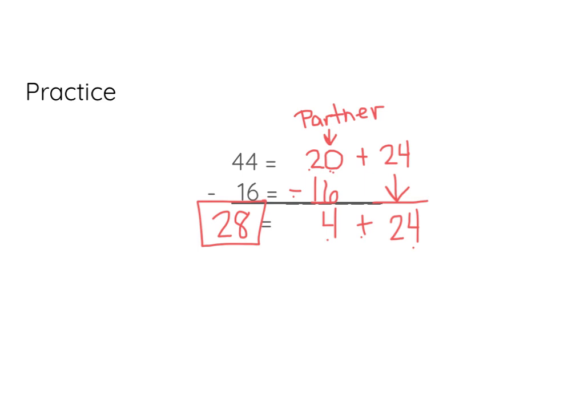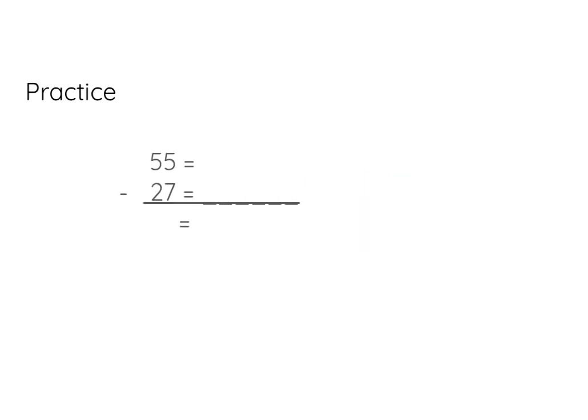Great job. All right, 55 minus 27. Pause and check back. All right, we're going to rename our 55. Starting with the close benchmark, so 27's next 10 equals 30. So I always go to my next 10 there.